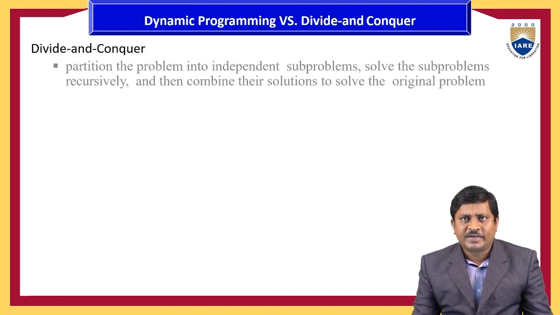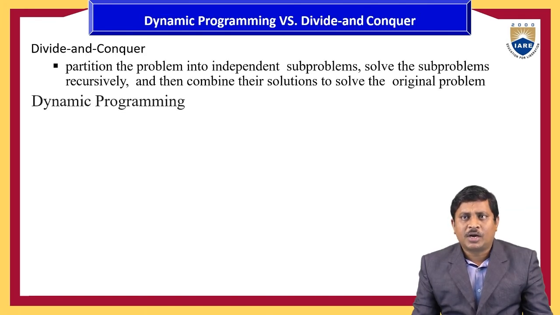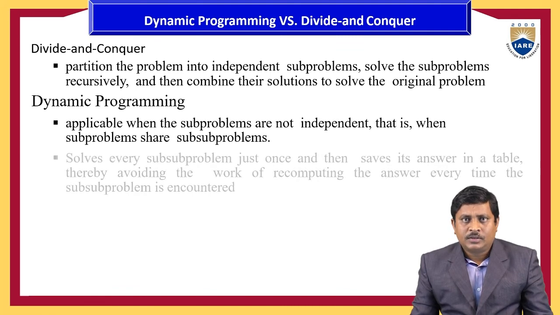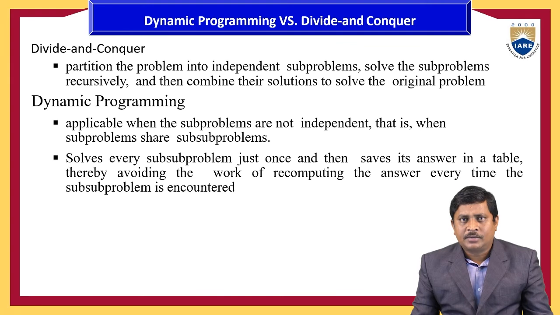Next, what is the difference between dynamic programming and divide and conquer? Divide and conquer is mainly used to solve problems with independent subproblems. That means in divide and conquer we divide the problem into subproblems, recursively solve all the subproblems, and combine their solutions to get the solution of the original problem.